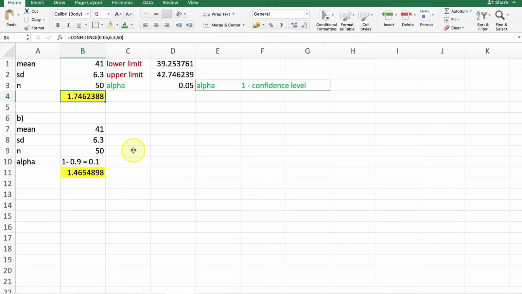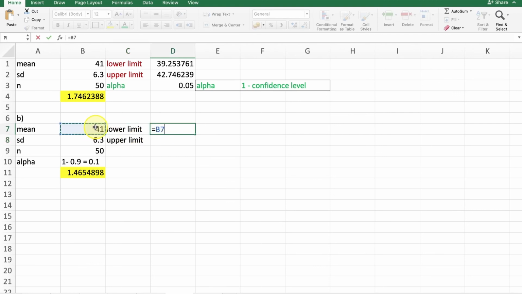So now we are ready to solve for the lower limit and upper limit. So lower limit equals 41 plus this, sorry, that is supposed to be minus because that's the lower limit. Okay, so the lower limit should be minus. And the upper limit should be equals mean plus the product of z and the standard error.